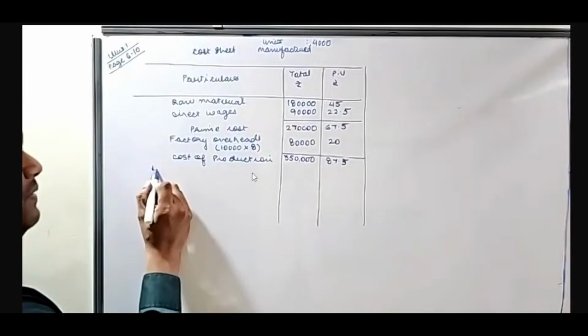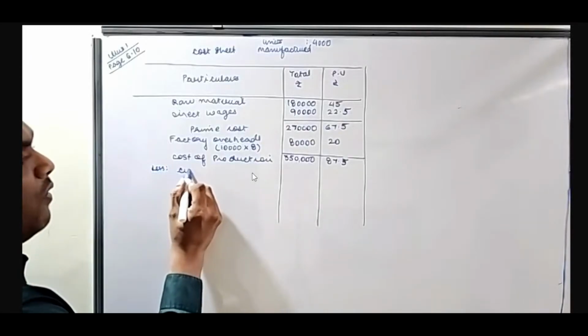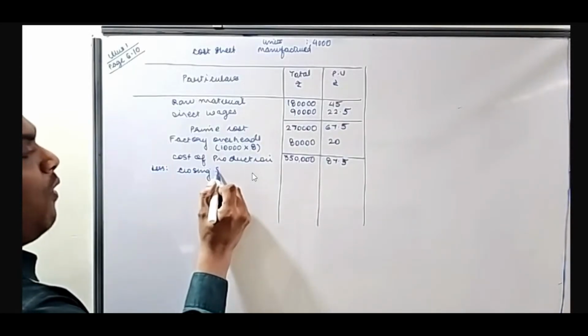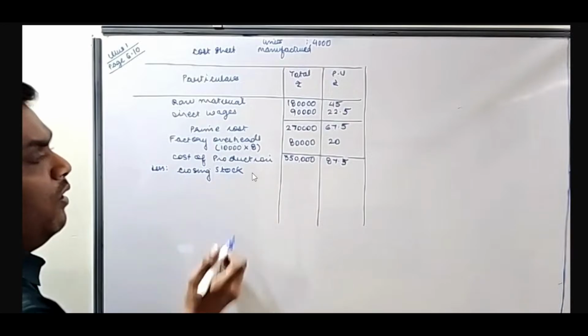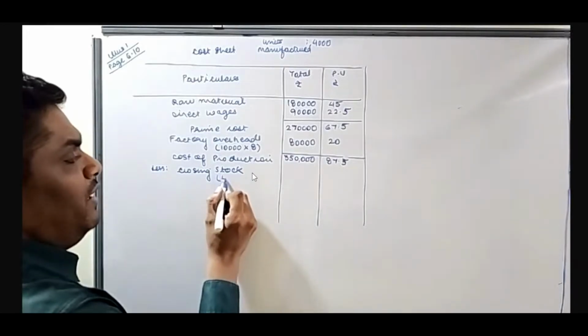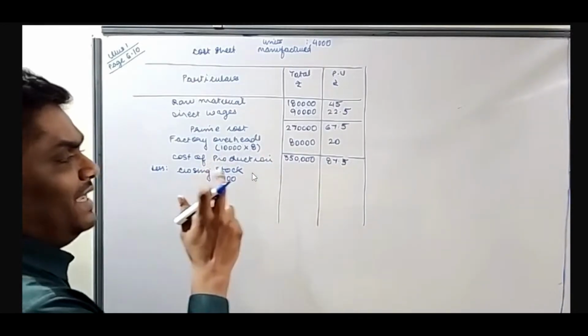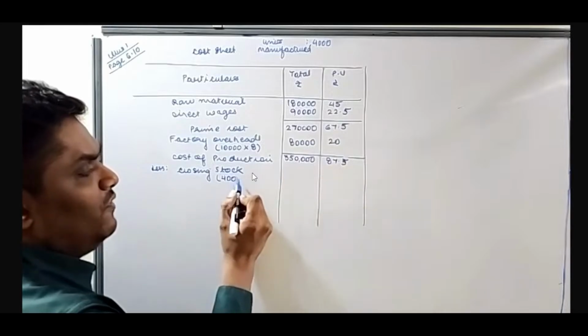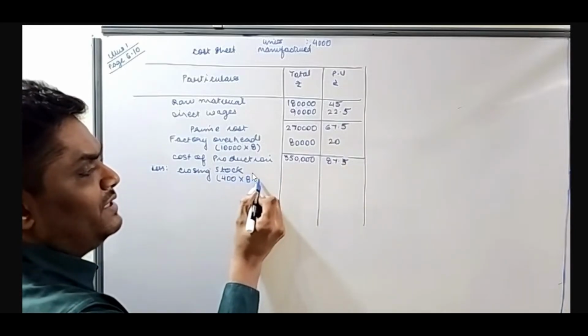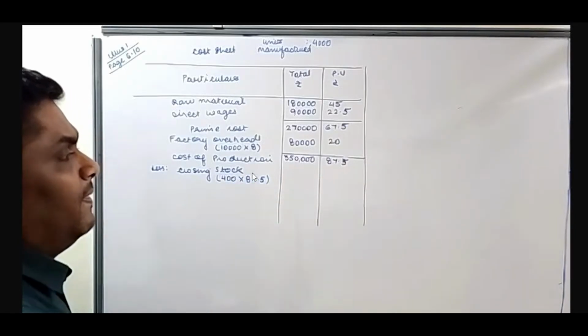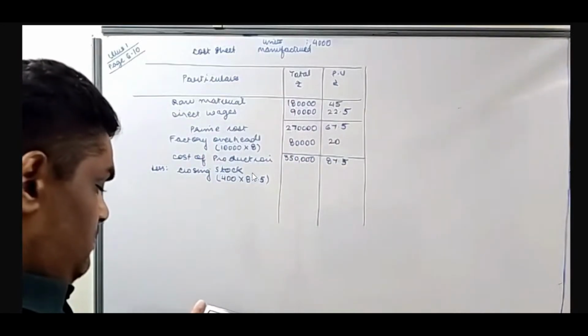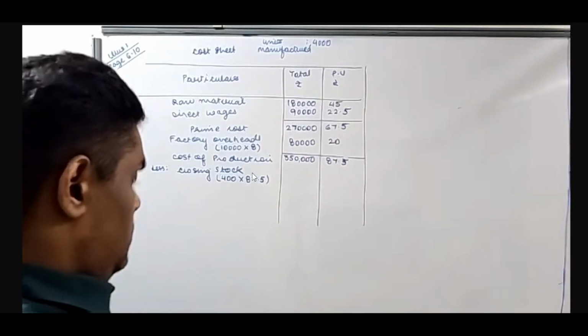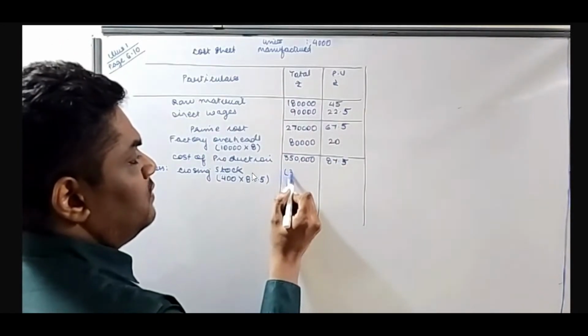So if we subtract closing stock of 400 units, and as I said, it is always valued at cost of production, so 400 into 87.5, this will be 35,000.